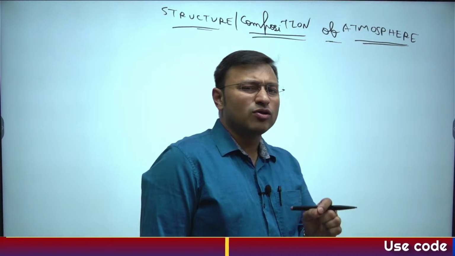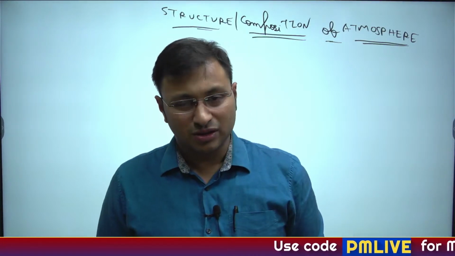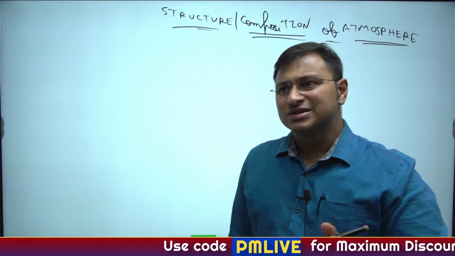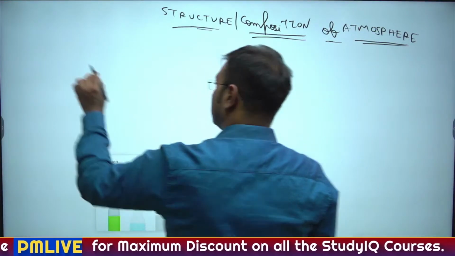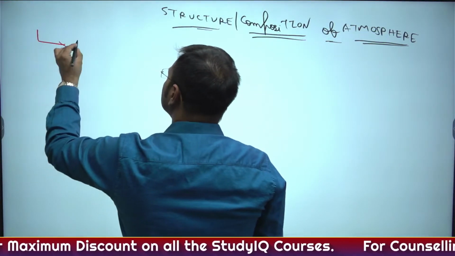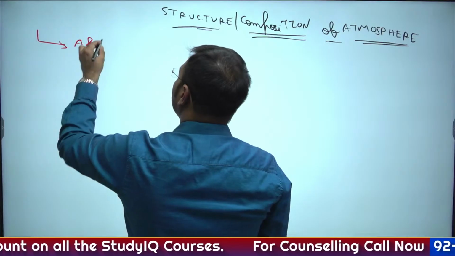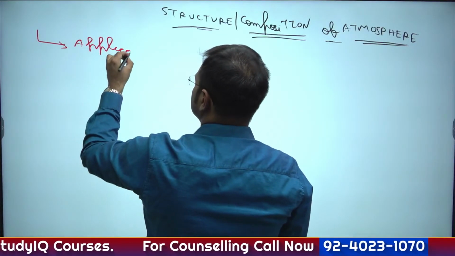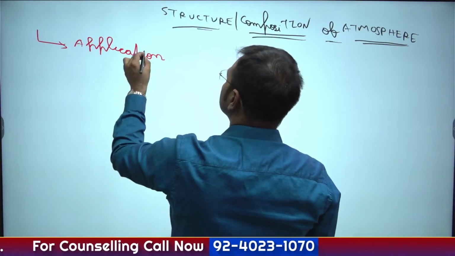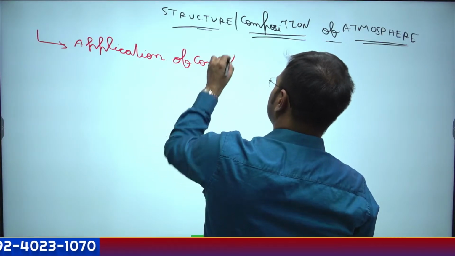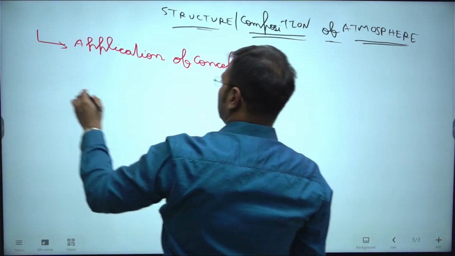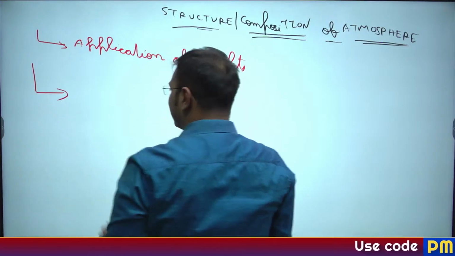When I'm talking about structure and composition, considering the UPSC civil services perspective, you need to know three parameters. Number one, the application of concepts: where and how whatever we study will vary in the world.